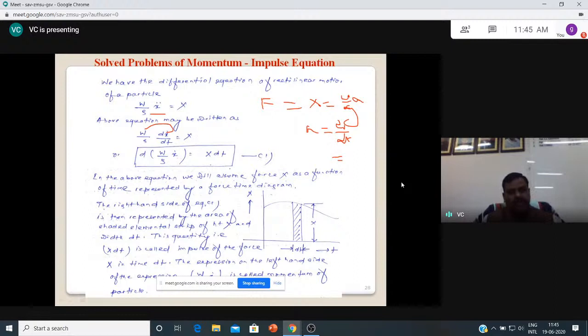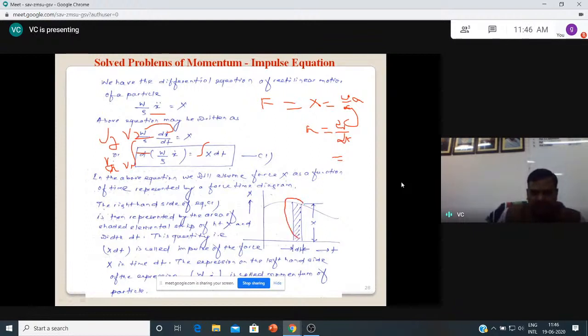This is how we will represent the equations. Integrate both sides, and the velocities you can make v1 to v2, or v initial and v final, and find out the momentum.